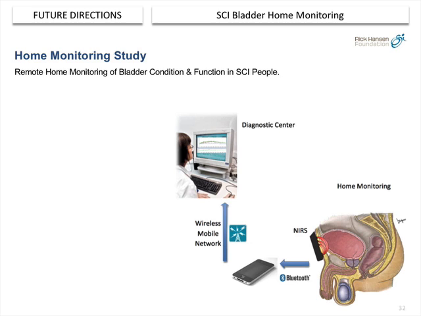This is perhaps a fantastic method for home monitoring and remote monitoring of bladder condition in people who are all the time at risk of UTI and can't feel dysuria. So when they come up with something related to UTI, it's already late normally. With that, maybe we can have a very early diagnostic method for UTI in people with spinal cord injury.